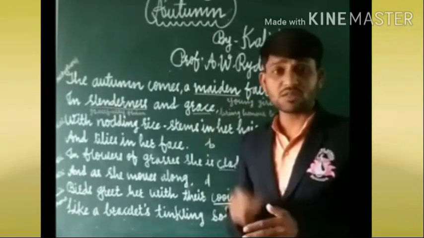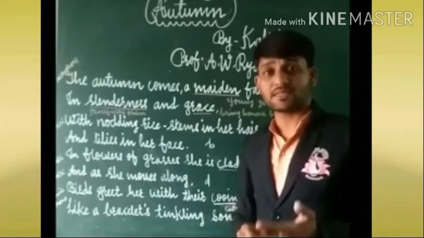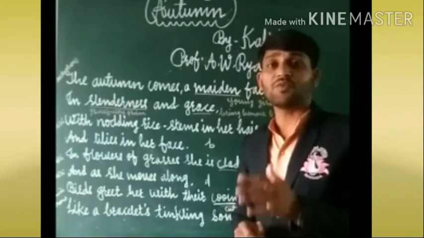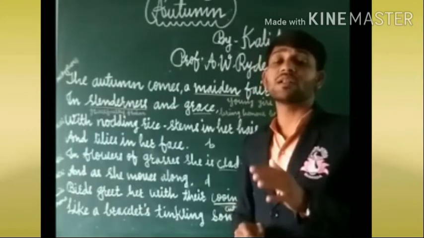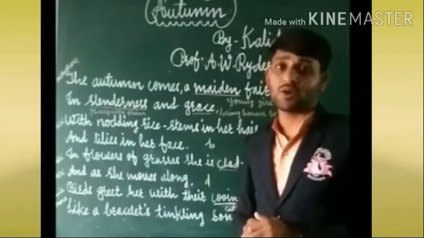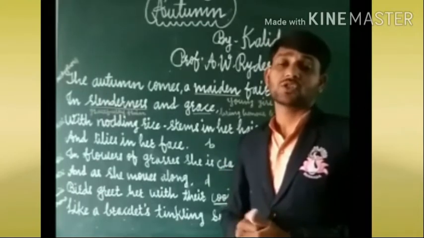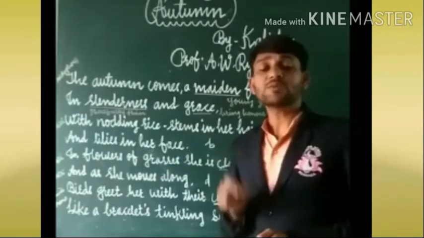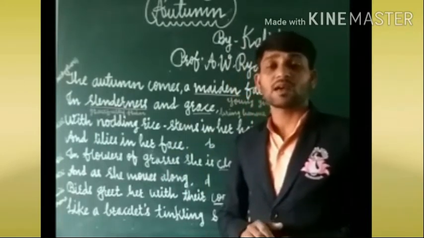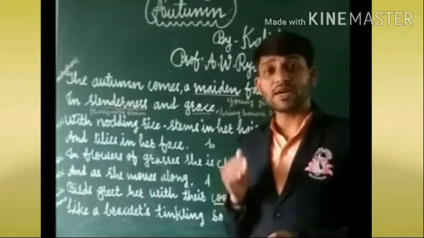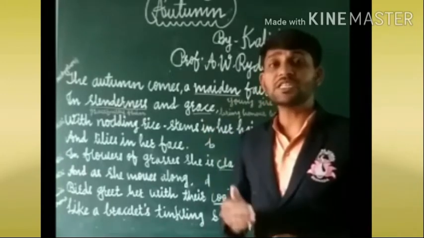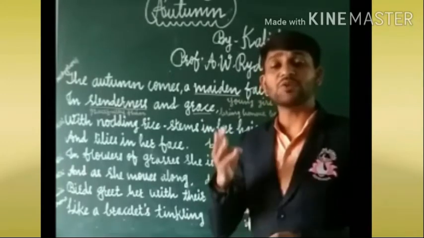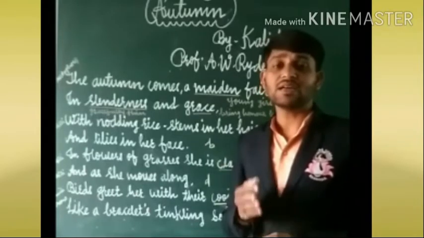So this autumn season is personified, compared with a beautiful girl according to the poet. What exactly is given in the poem, we will see. The poem compares the season with a beautiful girl, with beauty we can see during the daytime and during the night time.